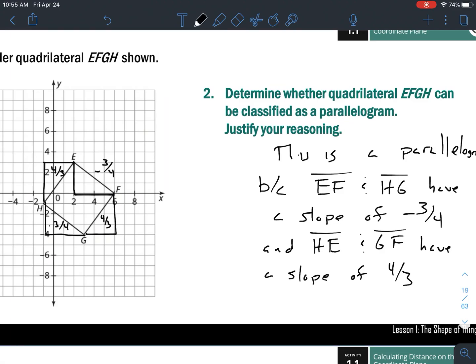So that will work. Okay? So they have the same slope and they're opposite sides.